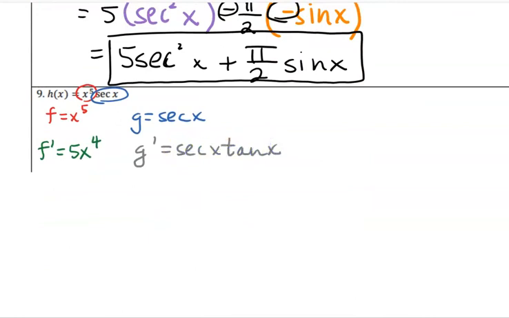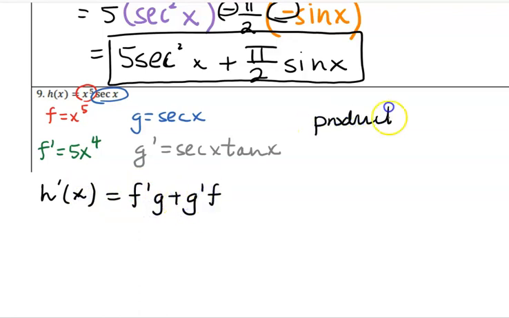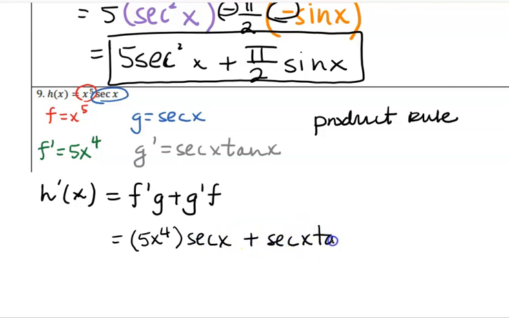Now that we have all four of these, we can fill out h prime, which is what we're looking for, using the product rule. F prime g plus g prime f. So f prime is 5x to the fourth. G is secant x. G prime is secant x tan x.